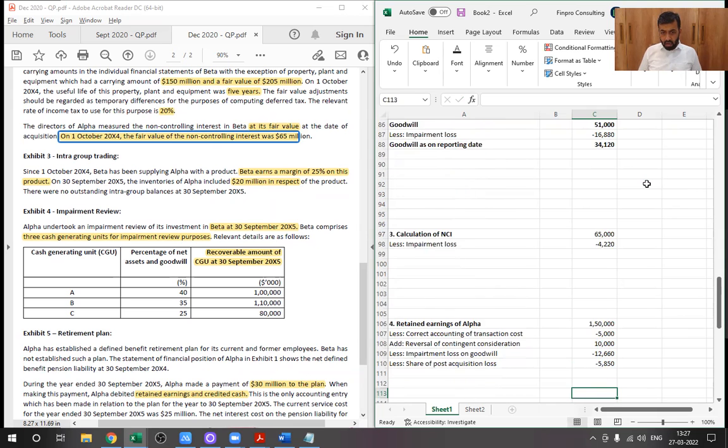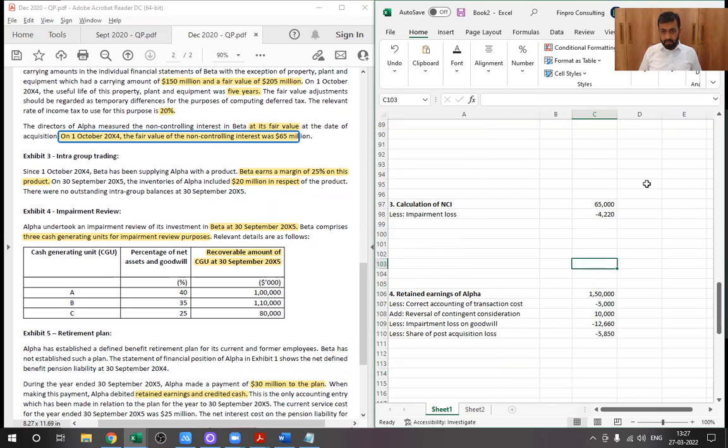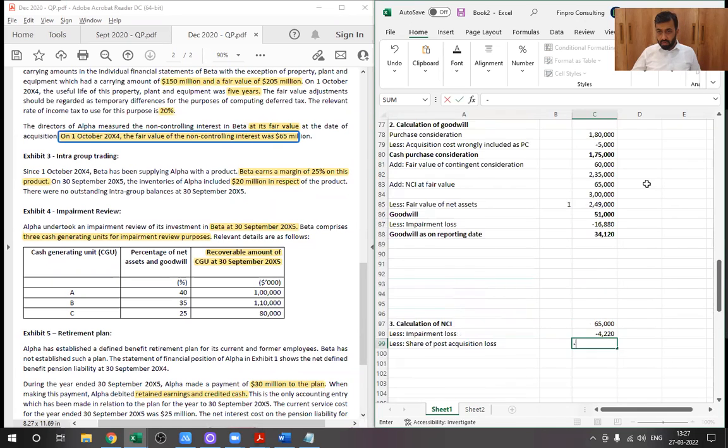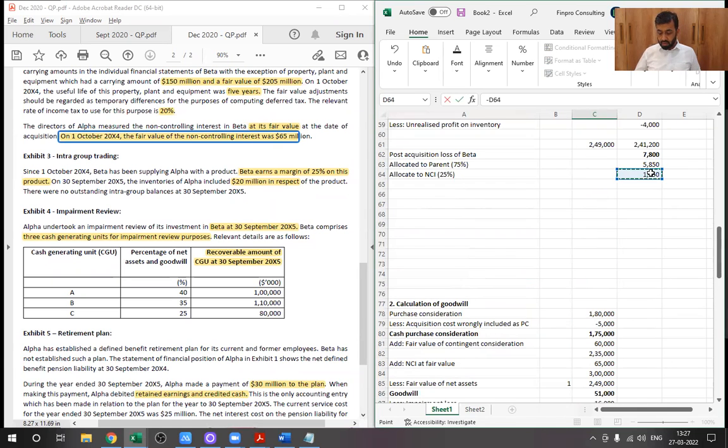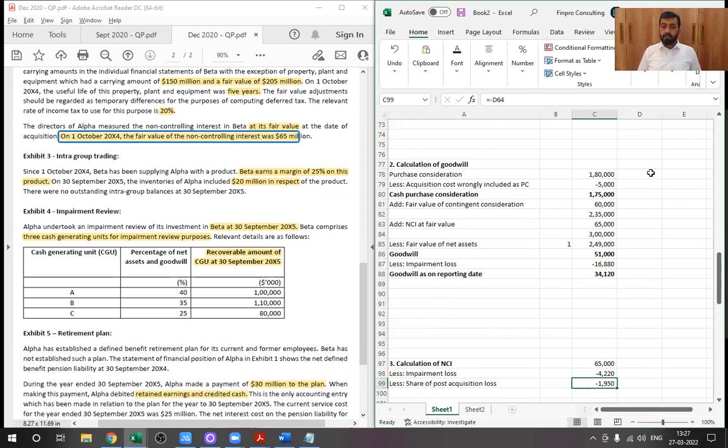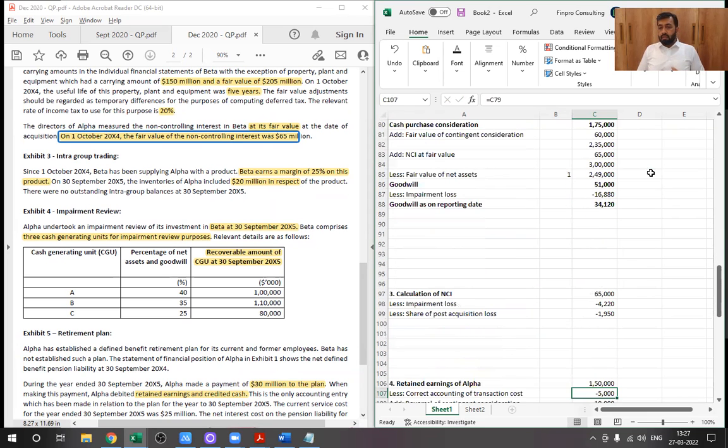This, and the other amount, is to the NCI. Correct. So you have passed these accounting entries till now.